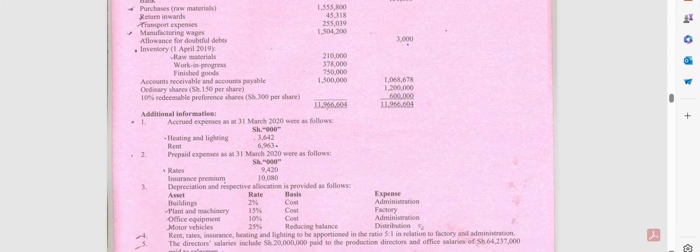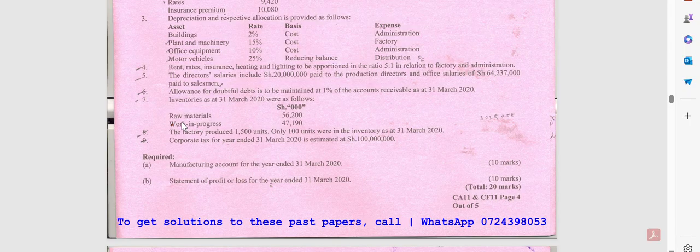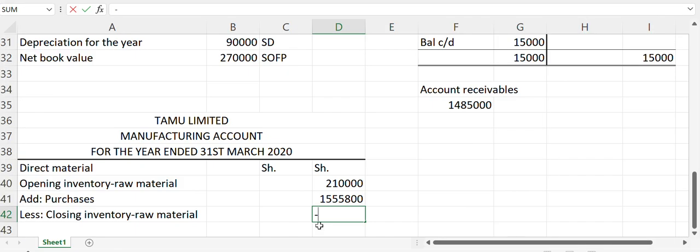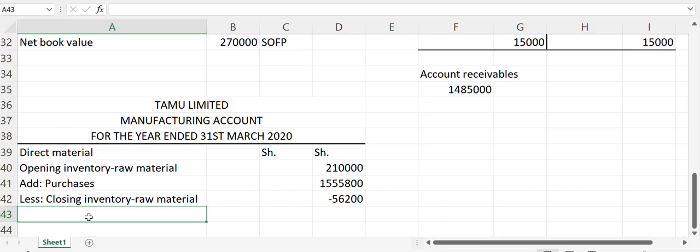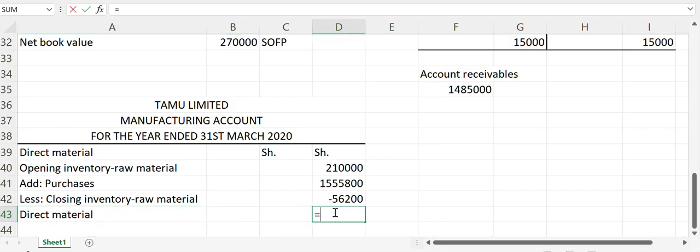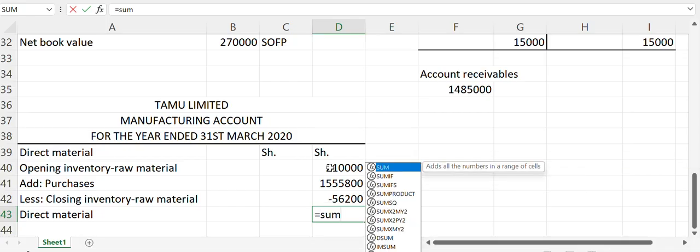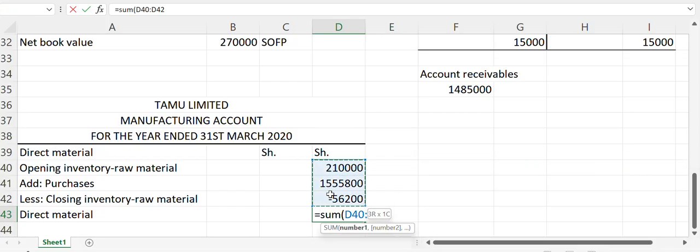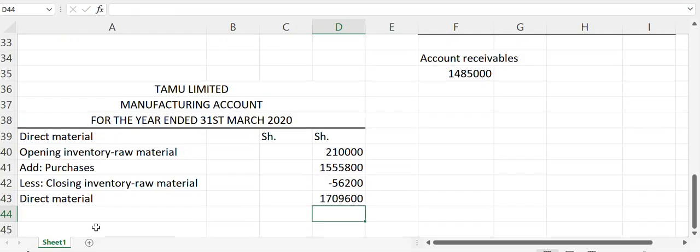If you go to the additional information, number 7, we have the raw material at the end of the year, which is 56,200. So this should give us now the direct material. So direct material, then we have that. We add all this.